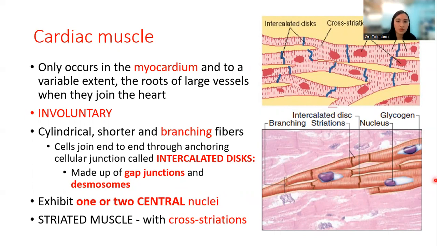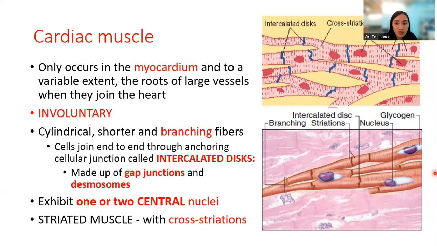Since the cells are joined by these anchoring junctions, the intercalated discs, what is inside these intercalated discs? The intercalated discs contain desmosomes and gap junctions.